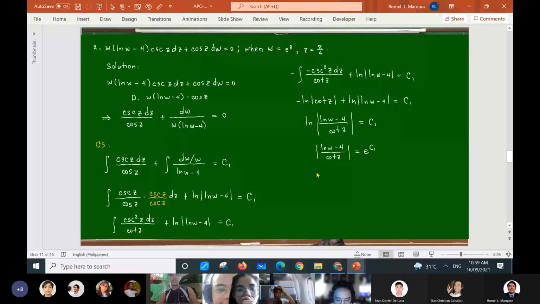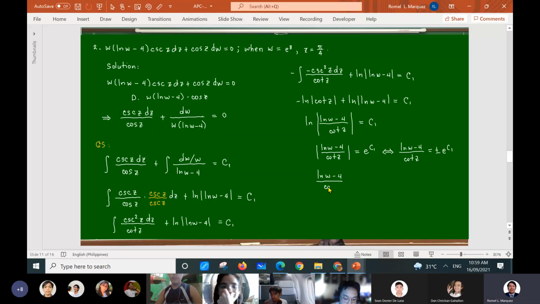Remove the absolute value. We get what? ln of w minus 4 all over cotangent z equals plus or minus e to the C1. Okay? Or for simplicity, what is that, guys? C. Okay?